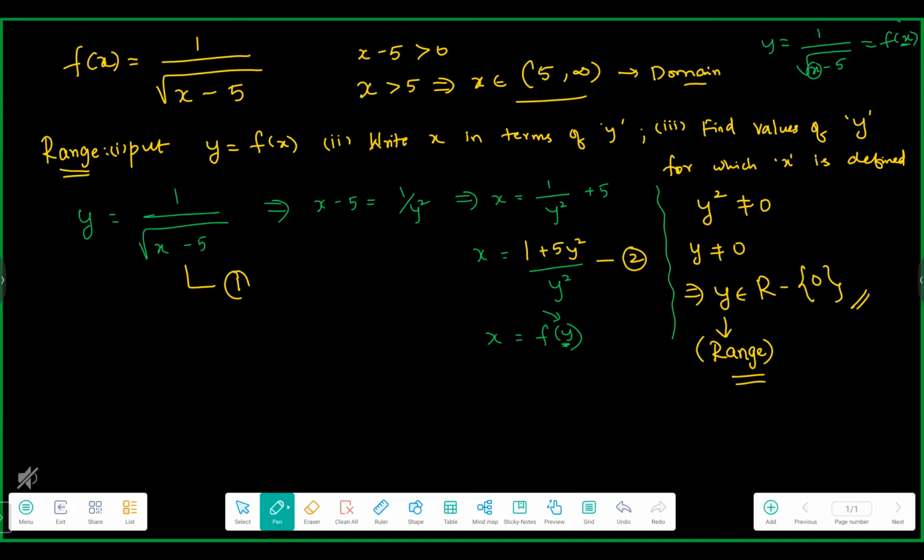Did you understand? So these are the 3 steps to be followed. I don't know how they taught in your school. This is a standardized procedure in which you can solve any problem. However many other problems you give me, I'll solve them in the same way. Is this clear? Just make a note.